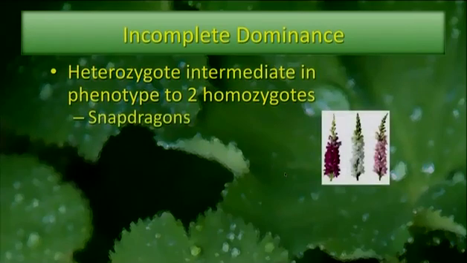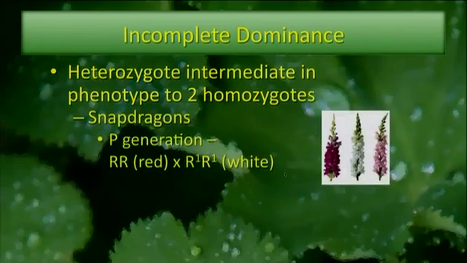In the case of snapdragons, the P generation would be capital R for red, R1, R1 for white. All the F1 are big R, R1, or they're pink. So if you cross a red flowered snapdragon to a white flowered snapdragon, they're both purebreds, all their offspring will have pink flowers.